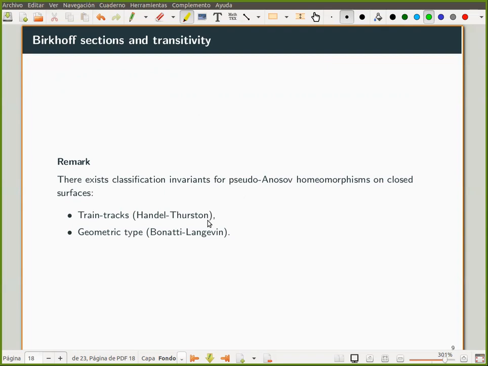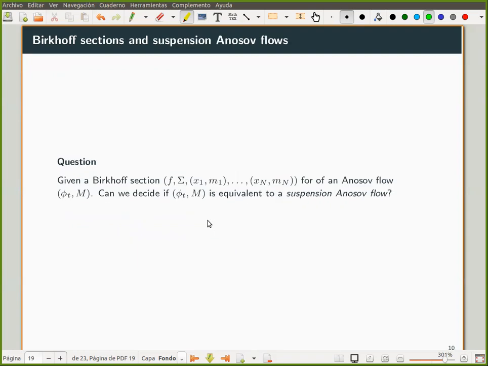But of course, the previous question is a very difficult one, okay? So we want to limit ourselves to a simpler question. There's the following. Given some Birkhoff section associated with some Anosov flow phi_M, can we decide if the flow is equivalent to a suspension Anosov flow just by looking at the information associated with the Birkhoff section?